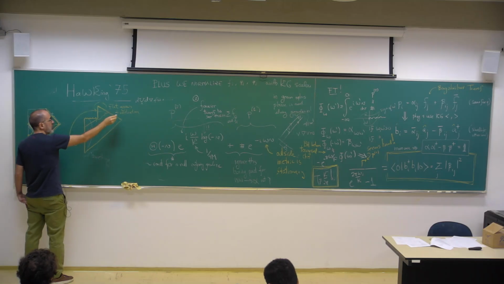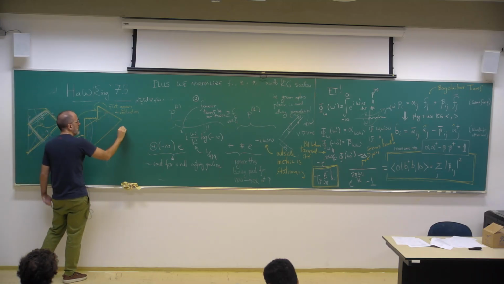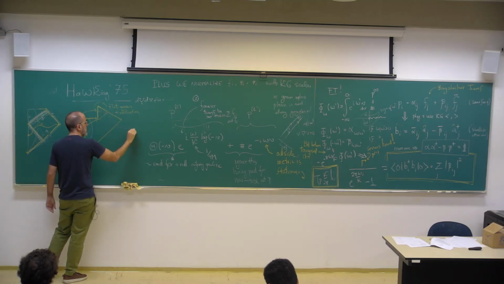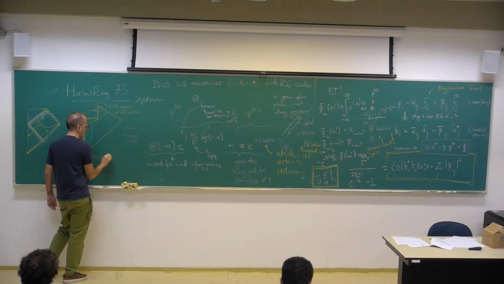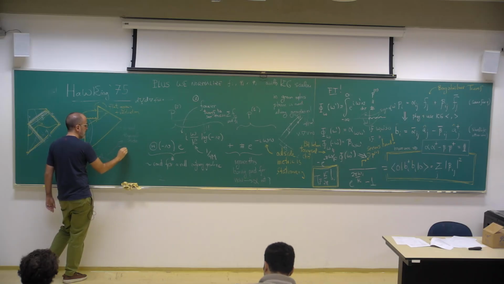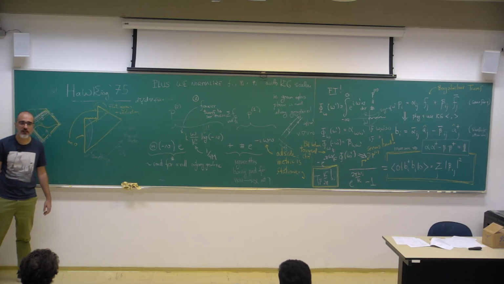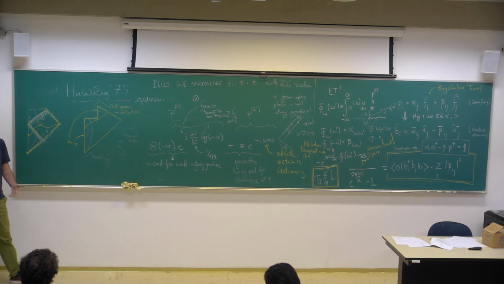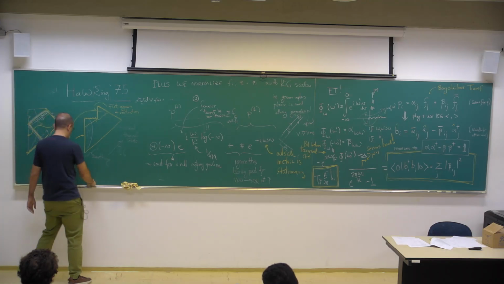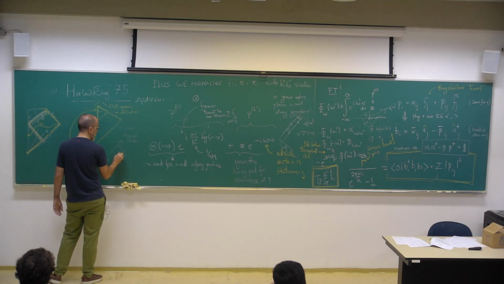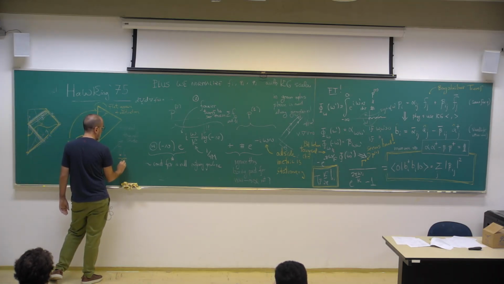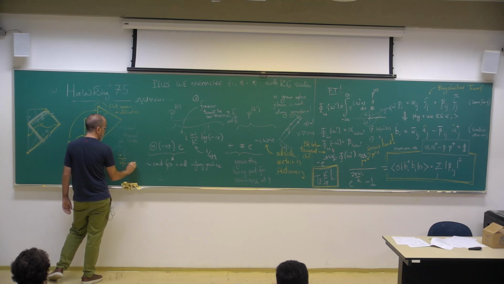And then I have a totally mixed thermal state. And how can a nice pure state evolve into a pure thermal mixed state? And this is the information paradox. So this is what people are still confused about today. Right? So this is what's called the information paradox.